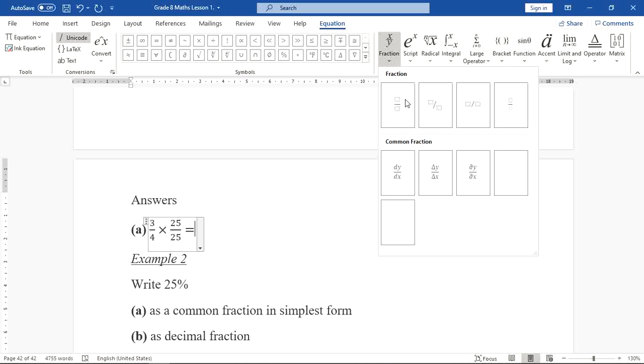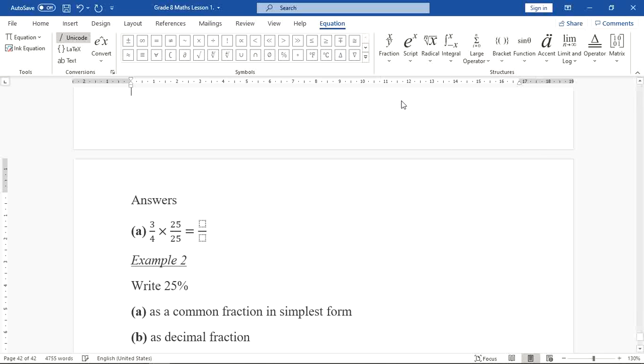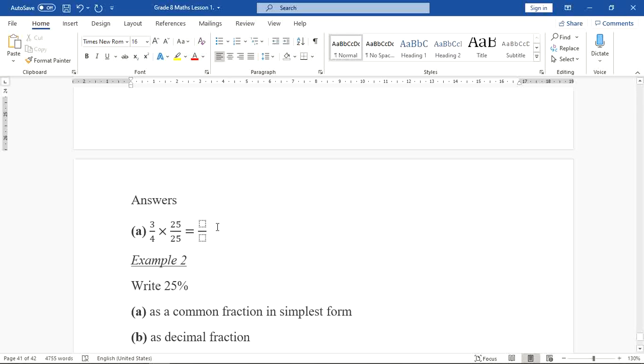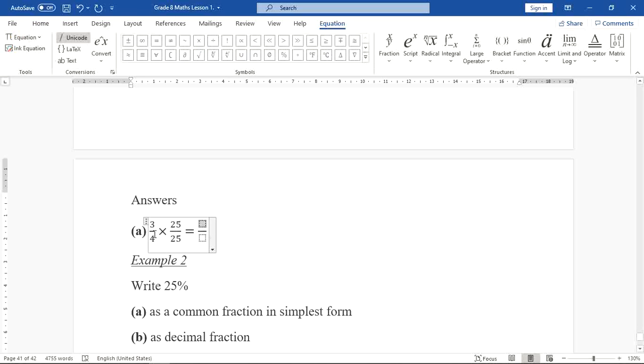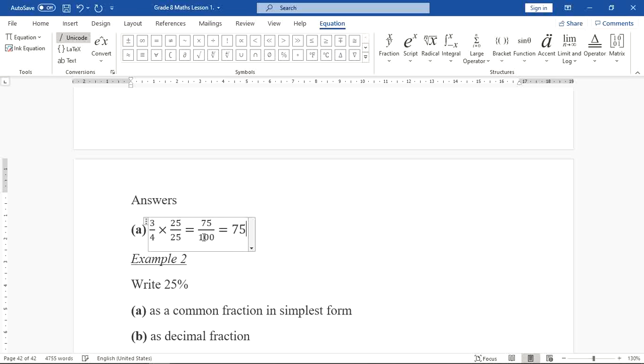So 3 times 25 will give us 75, and 4 times 25 will give us 100. So now we can say that this is none other than 75%.